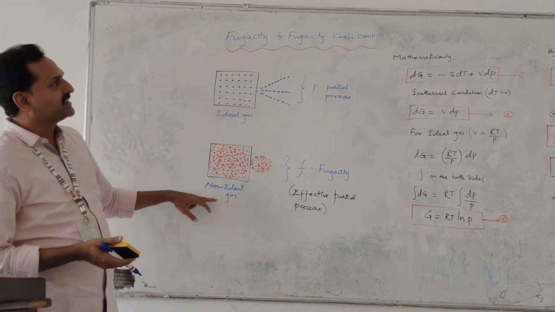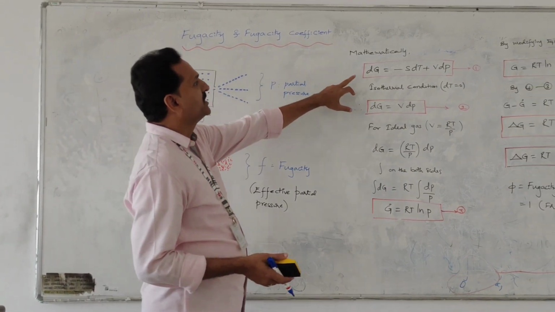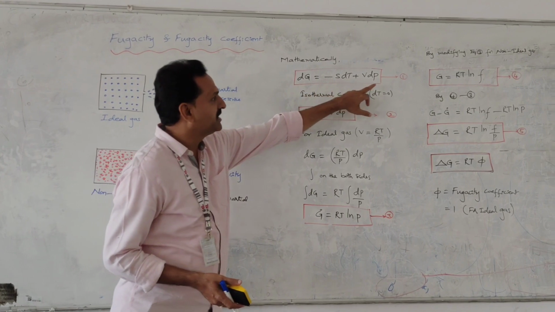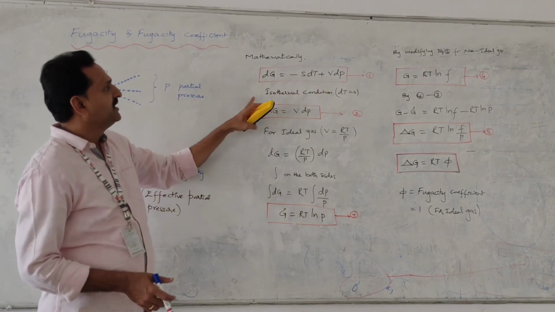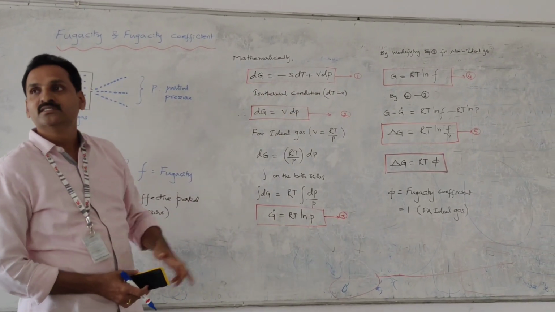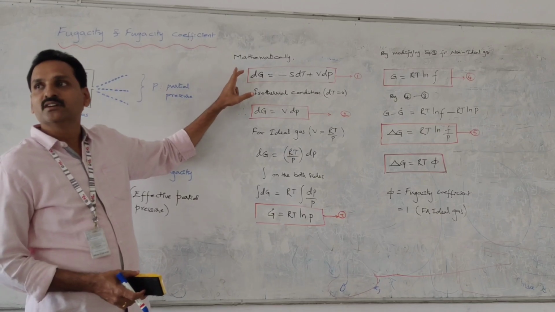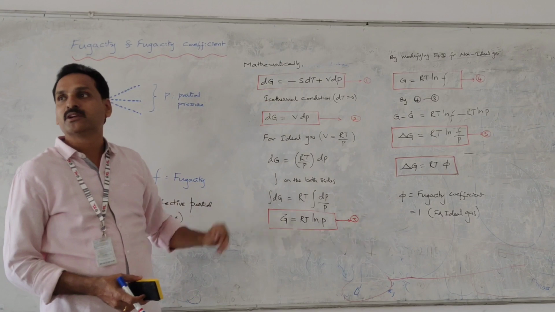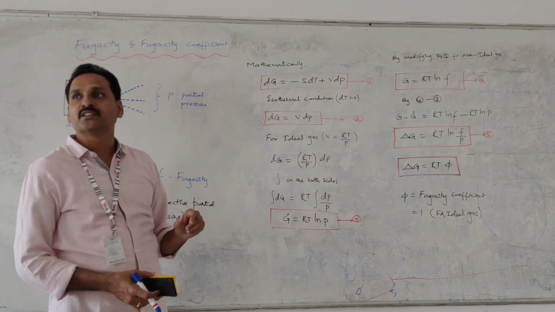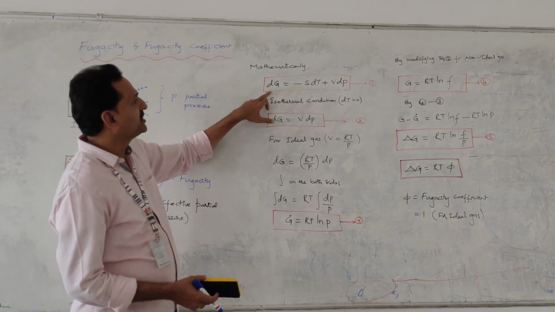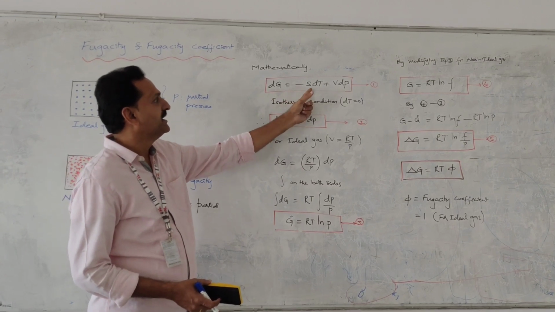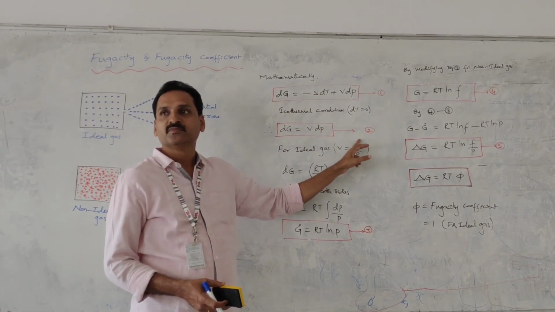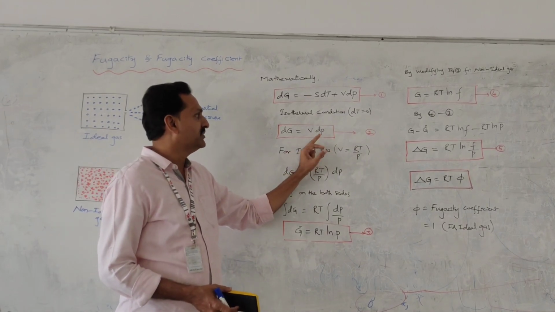Mathematically, it can be derived from the Gibbs free energy fundamental property equation. If you look at equation 1, at isothermal condition, as discussed in the previous classes, dT becomes 0, so we can get equation 2: dG equals V dP.